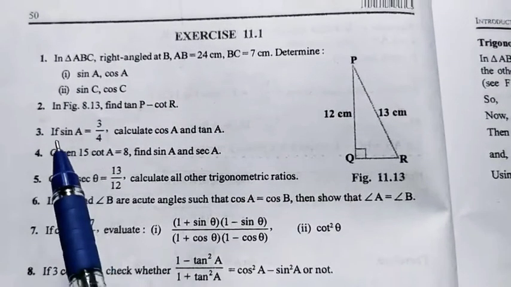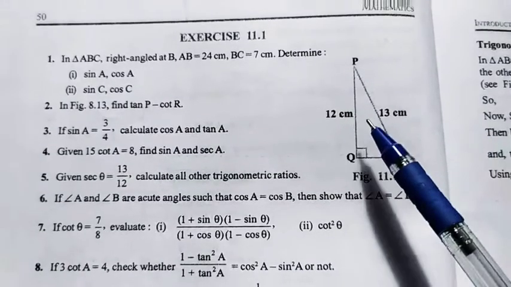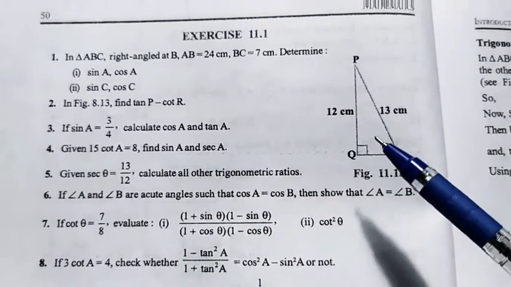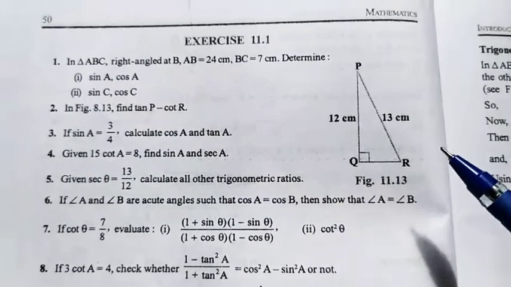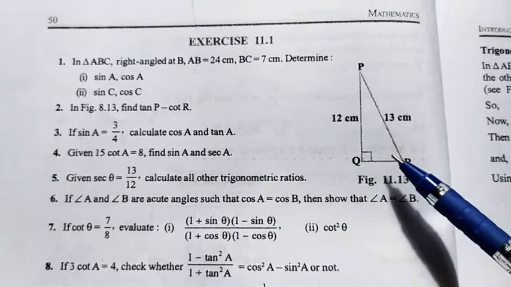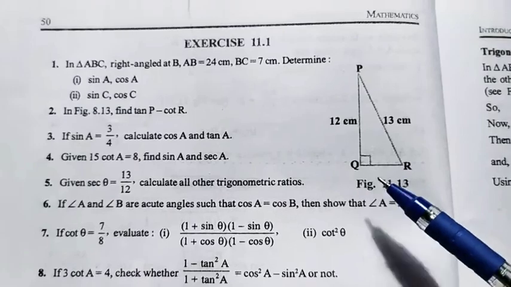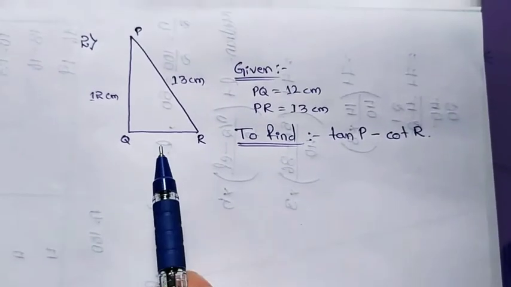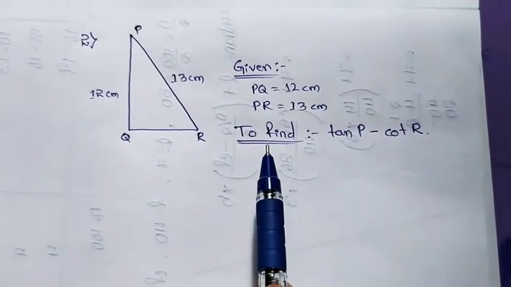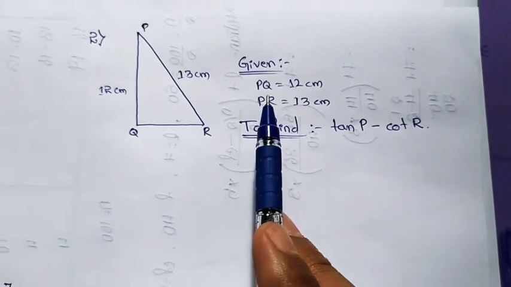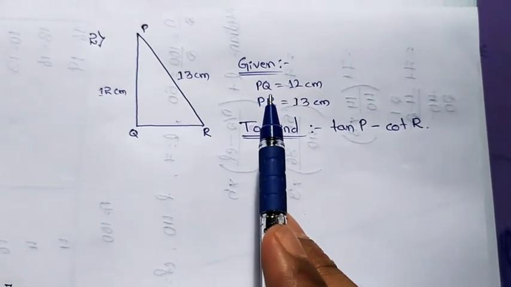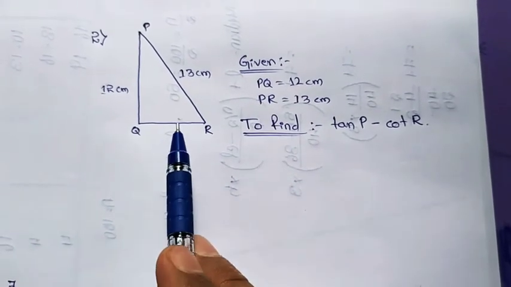Second question, they have given a figure here. Find tan P minus cot R. In the figure they have given only two sides, so now we have to find the third side. Draw the diagram and write the given points and what is to be found. They have given PQ and PR, but they didn't give QR.